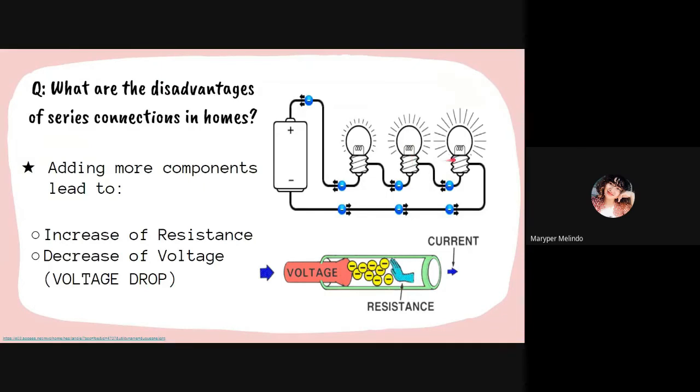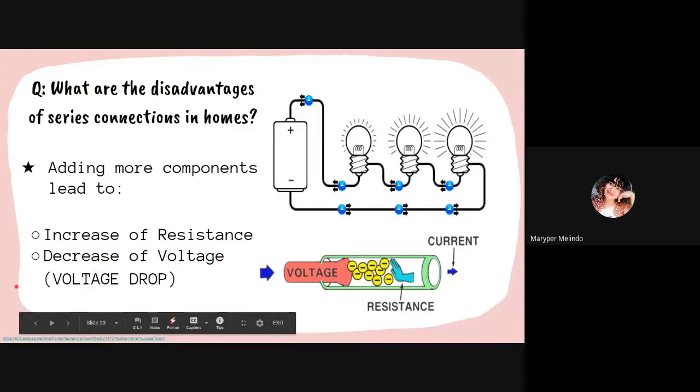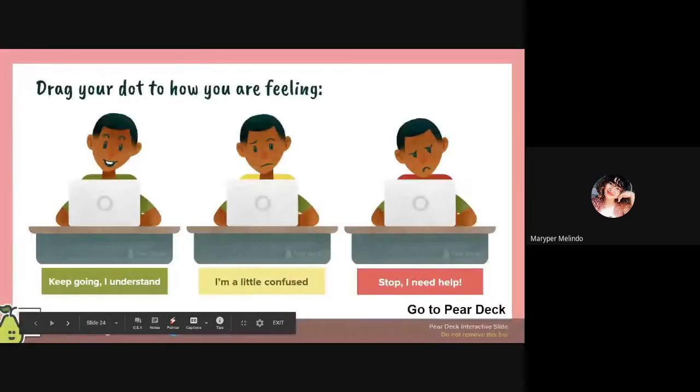That's why the light becomes dimmer. Okay? So, the more components we add, components is somewhat also the same as resistors. So, the more components we add, the increase of resistance, the decrease of voltage. If there is an excessive, ibig sabihin medyo sobra na yung pagbaba ng voltage, that is what we call voltage drop. Okay po? Yan. Tingnan natin ulit.